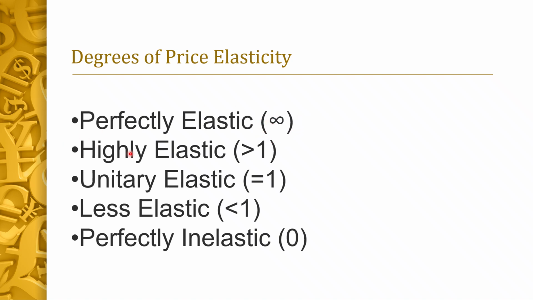The next is highly elastic. It depicts that consumers are very, very sensitive to the price. Here we are talking about those products which are highly elastic, wherein consumers are affected due to an increase in the price.